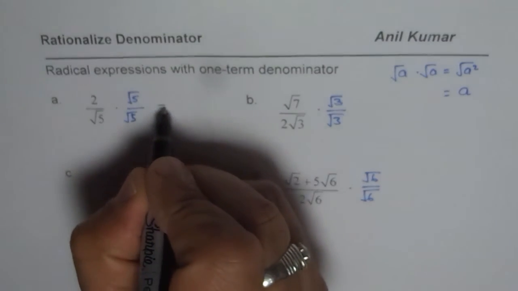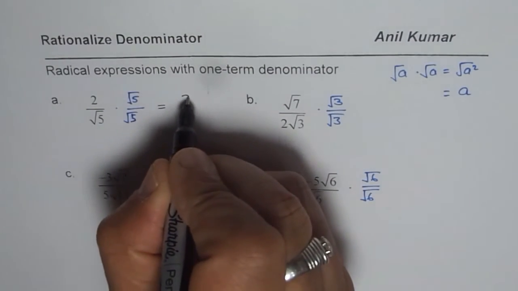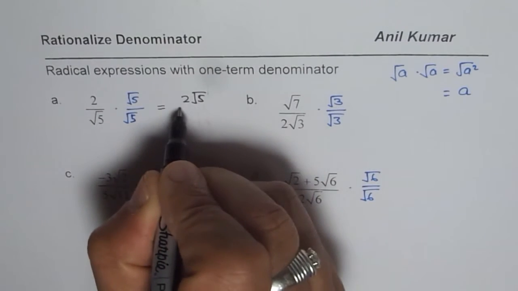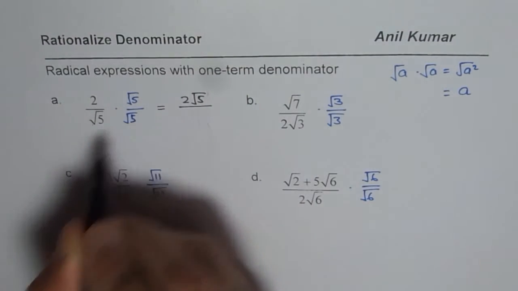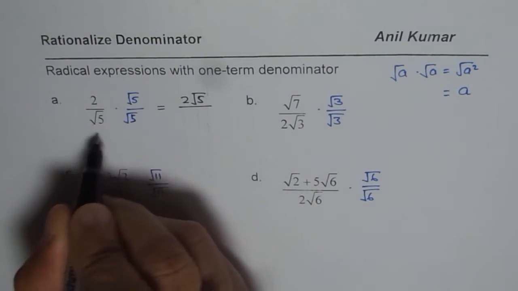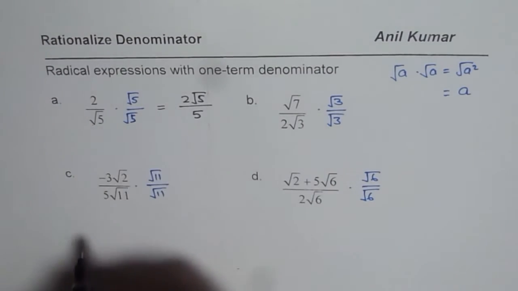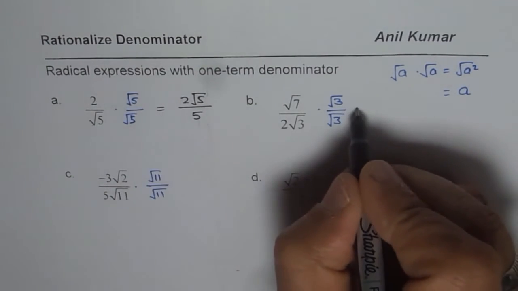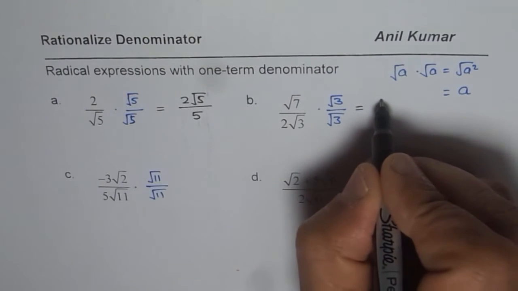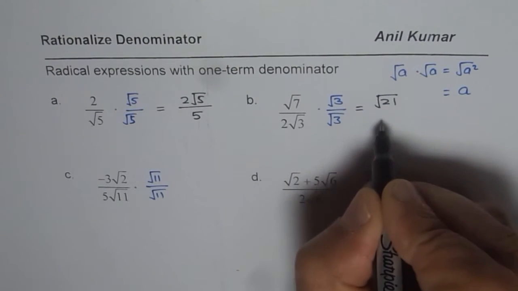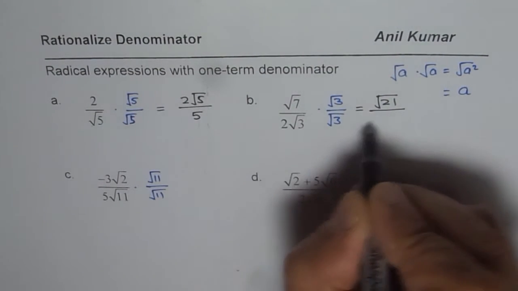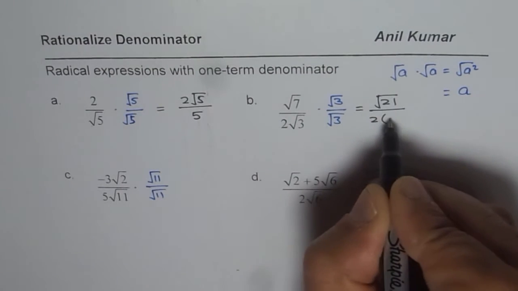So when you do that, you will get 2 square root 5 in the numerator, and square root 5 times square root 5 is 25, whose square root is 5. So it is better to write it directly. In this case, 7 times 3 is 21, so within the square root you get 21, and outside you get 2 times 3.